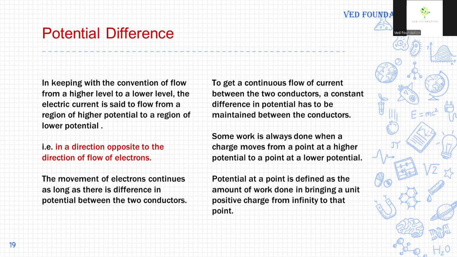To get a continuous flow of current between the two conductors, a constant difference in potential has to be maintained between the conductors. Some work is always done when a charge moves from a point at higher potential to a point at lower potential. Potential at a point is defined as the amount of work done in bringing a unit positive charge from infinity to that point.